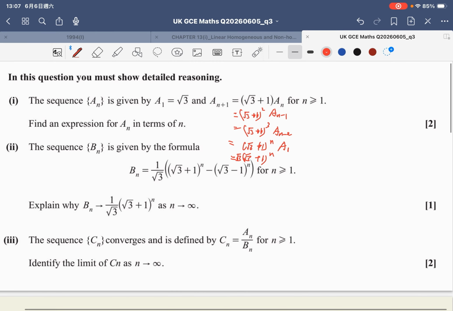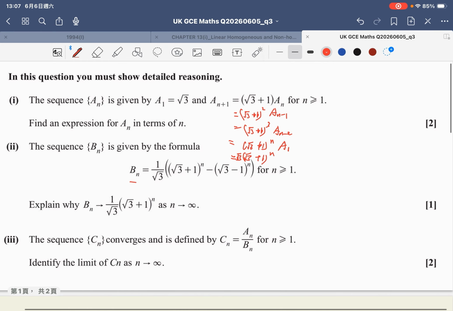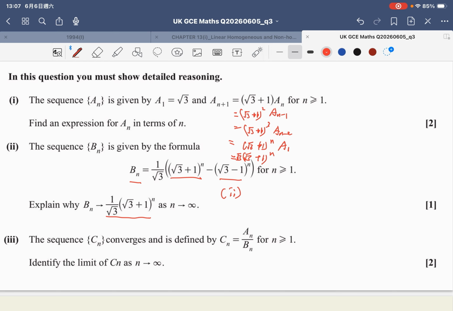For the second part, b_n equals 1 over root 3 times root 3 plus 1 to the power n minus root 3 minus 1 to the power n. Explain why b_n tends to 1 over root 3 times root 3 plus 1 to the power n when n tends to infinity. Root 3 minus 1 is greater than 0 and less than 1.